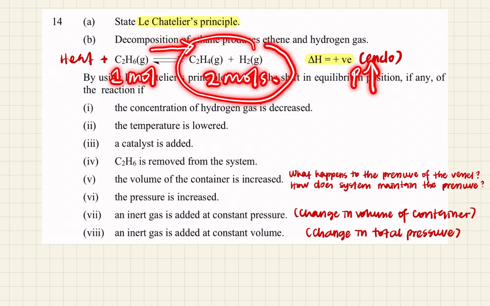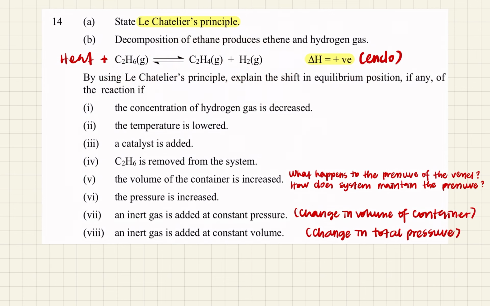Correct? So the answer will be right because when the volume of container is increased, it lowers the pressure of the vessel and the equilibrium will be re-established to increase pressure. So the equilibrium moves to the right, to the side with the more number of moles.